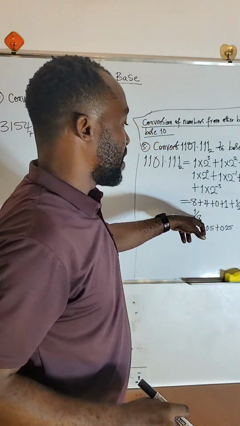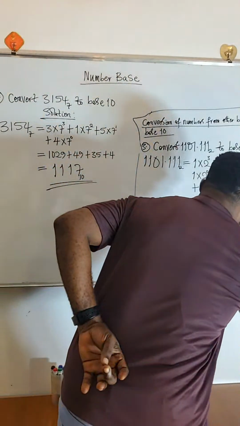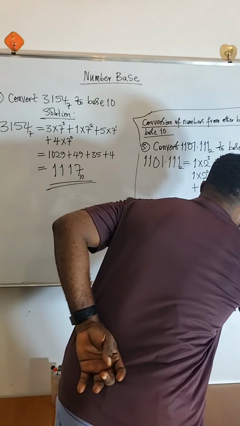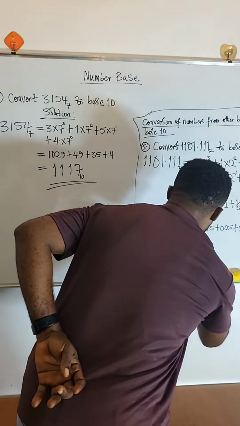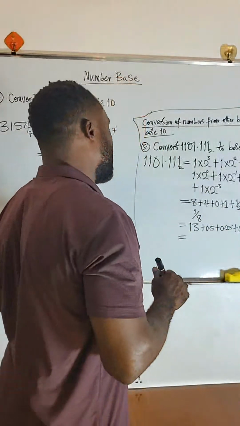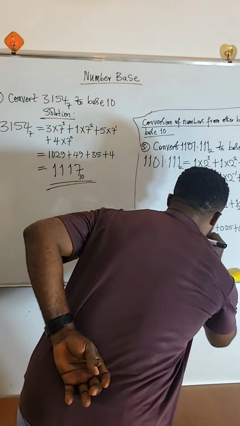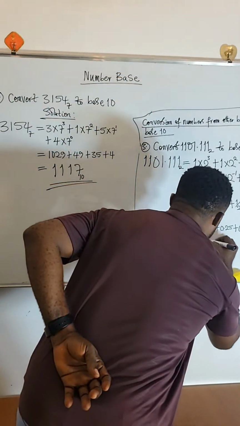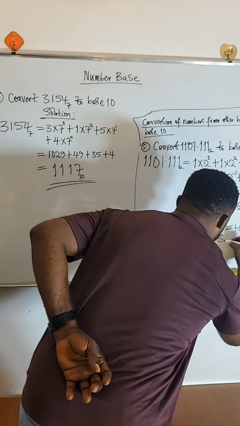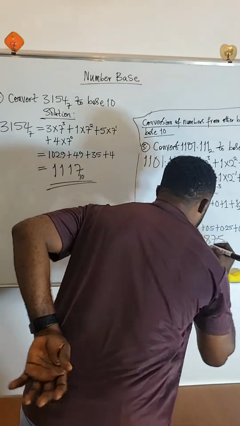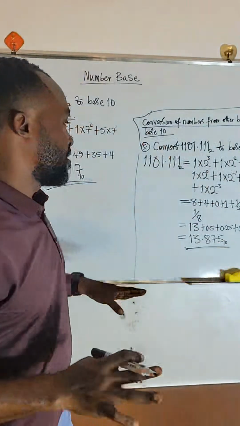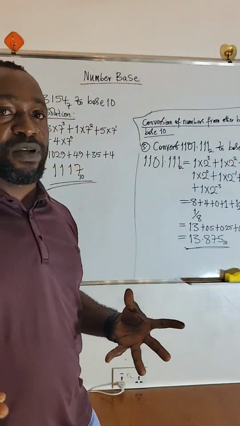And then 1 over 8 is the same thing as 0.125. If you add up everything together, then you are going to have 13.875 in base 10. So this becomes the final answer for that problem.